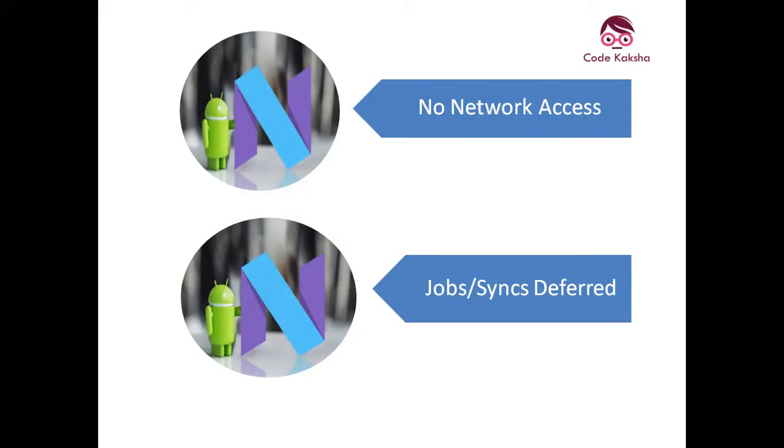So again lighter Doze comes into the picture. From Android N, when Doze happens, there are only two things: no network access, and jobs and things are deferred. This will be restricted only until the next maintenance window.